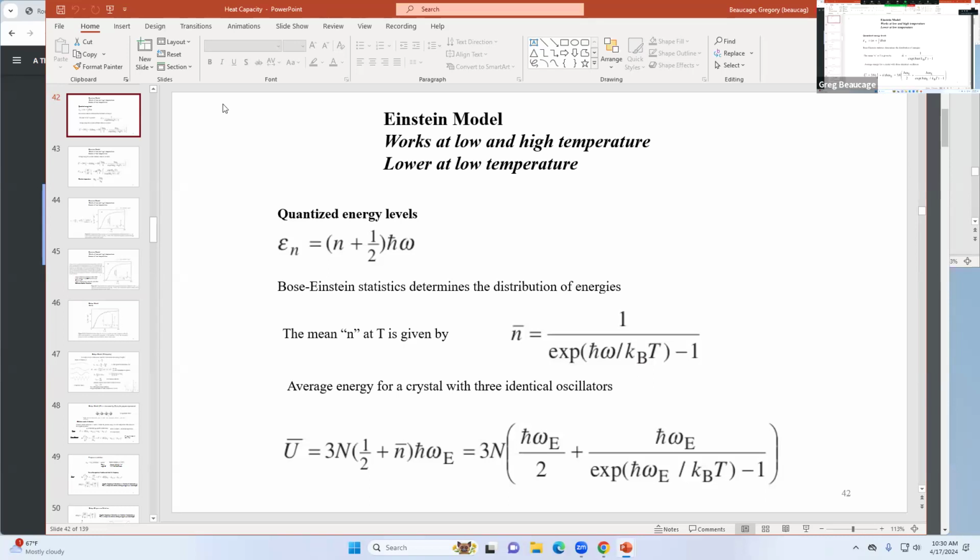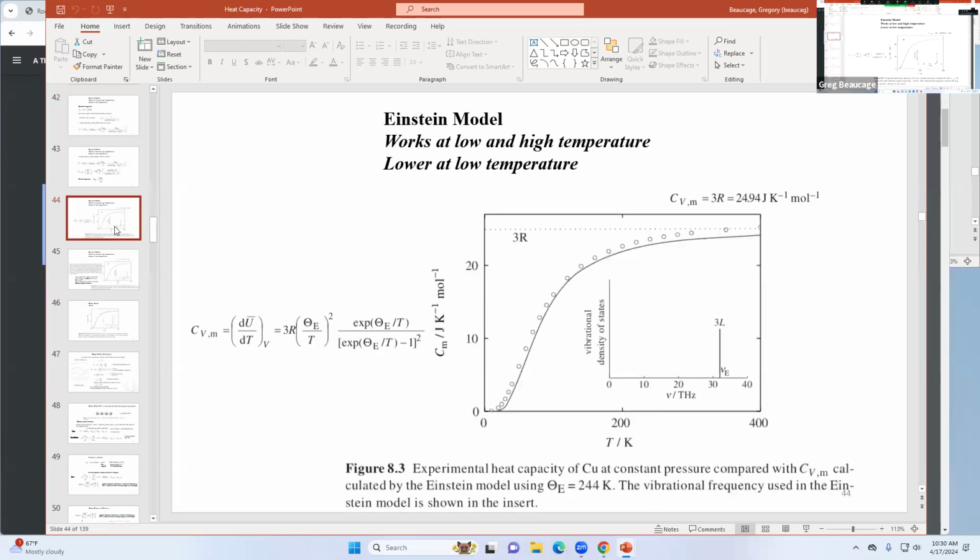But it didn't work perfectly. Einstein's model was a pretty good match until you got to low temperature, and this ends up being not a 1/t squared dependence, it's a t cubed dependence. It's a totally different dependence near absolute zero, right?